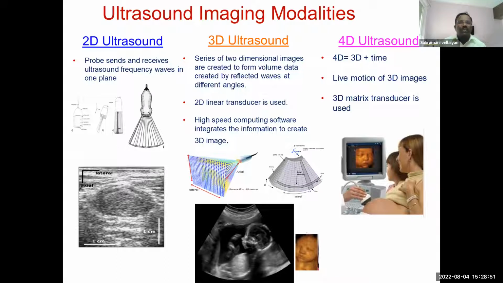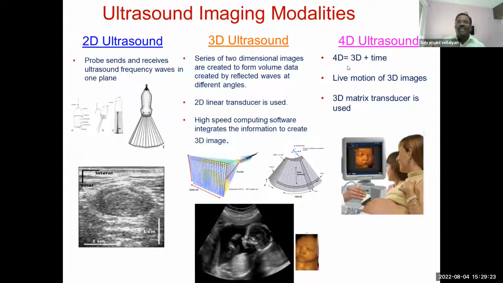In 3D ultrasound, a series of two-dimensional images are created to form volumetric data, created by reflected waves at different angles. The 2D linear transducers may be used, and high-speed computing software integrates the information to create the 3D images. An array of transducers is used to create the 3D image. You can see the 3D image of the baby immediately. That's what 3D ultrasound images are.